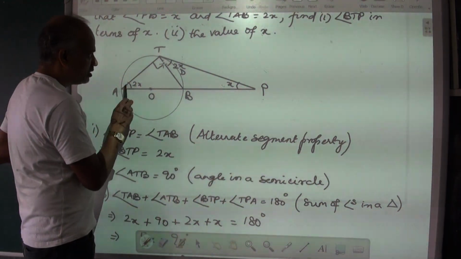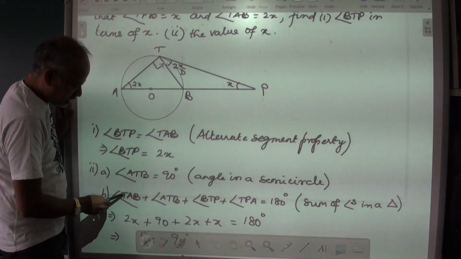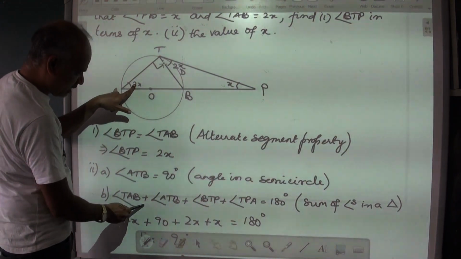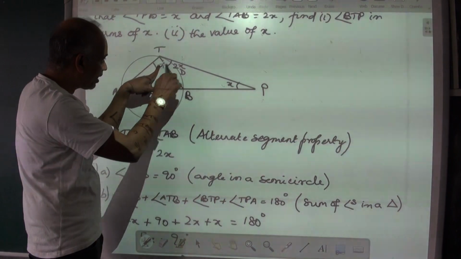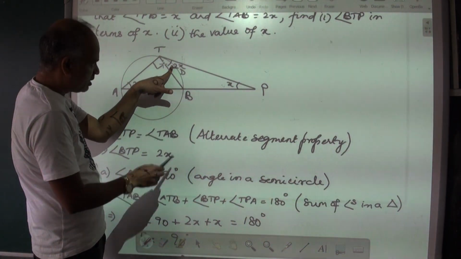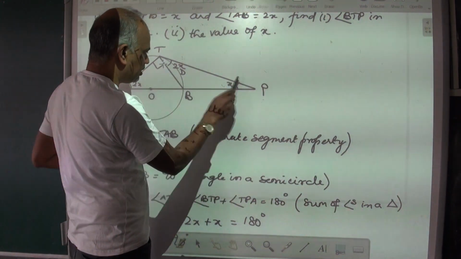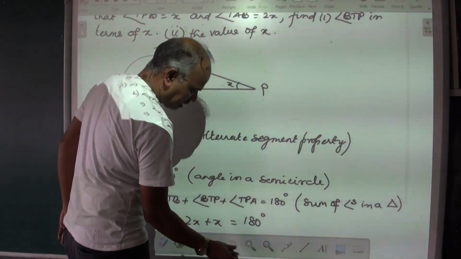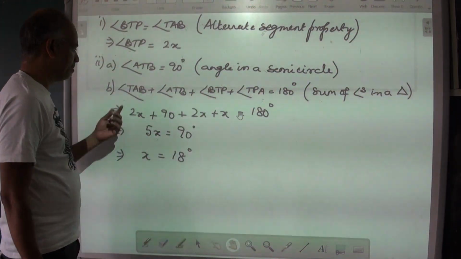After that, you consider this triangle and add all three angles. Angle TAB, this one, plus ATB, only this much, not the full angle. Then this BTP, that's 2x, plus TPA, that's this. All added together should give you 180 degrees, the sum of angles in a triangle.